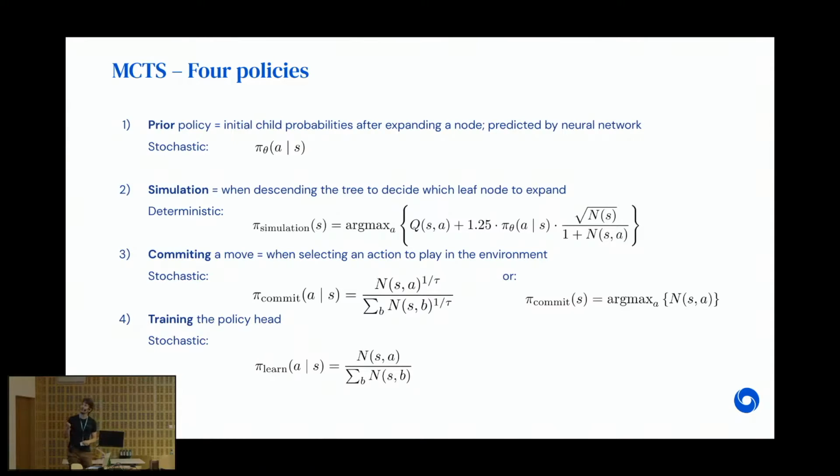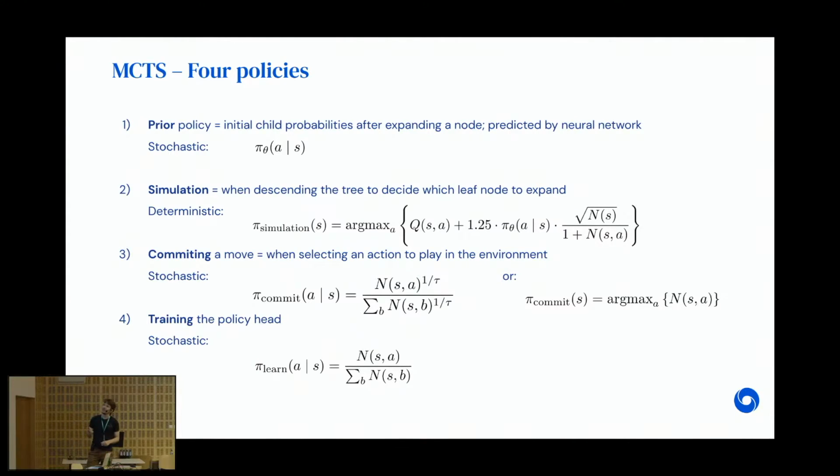So the first policy is the prior policy. This is the policy that the neural network predicts on a given state. So you reach some state in the game, some state of the 3D game board, and you ask the neural network, what action should I play from this state? That's a stochastic policy because it gives you a probability for every possible action. It's just a direct prediction of the neural network.